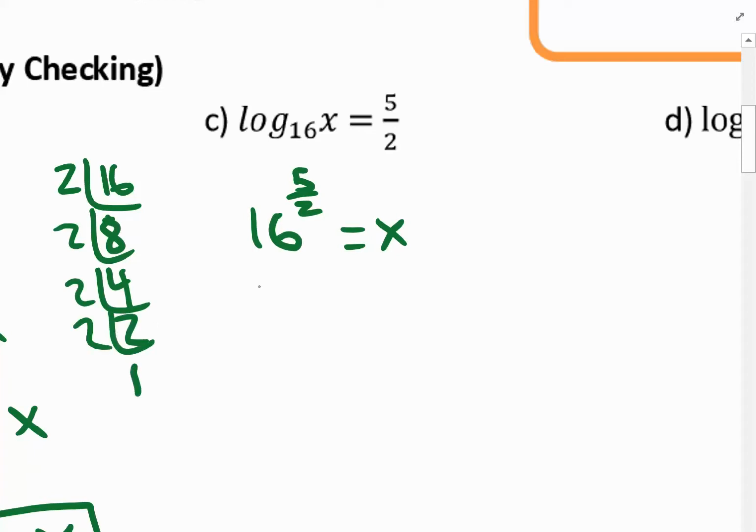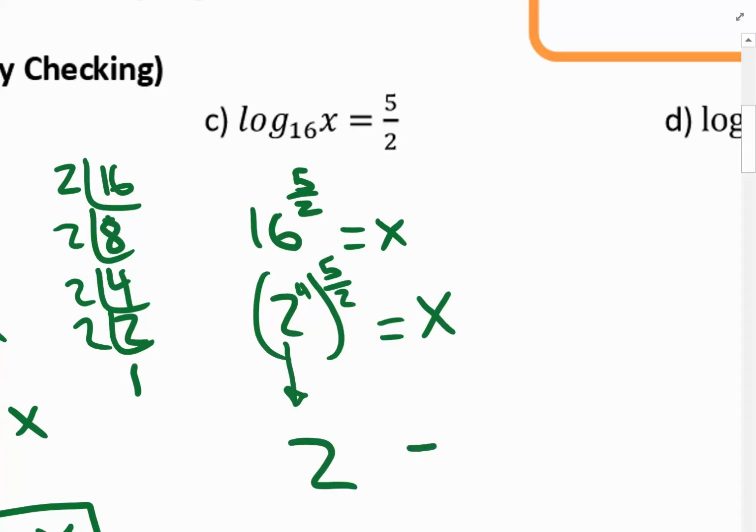So it's 2 to the 4th. 16 turns into 2 to the 4th. So now bring down that 2 and let's multiply the exponents. So we're multiplying 4 times 5 over 2.